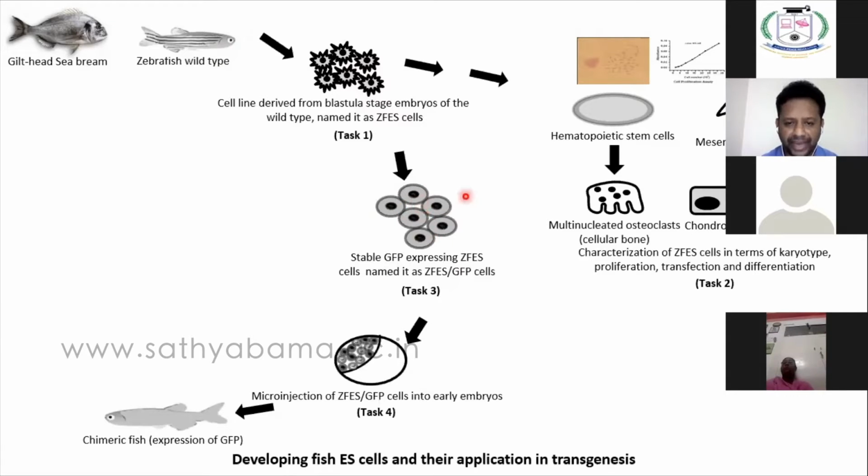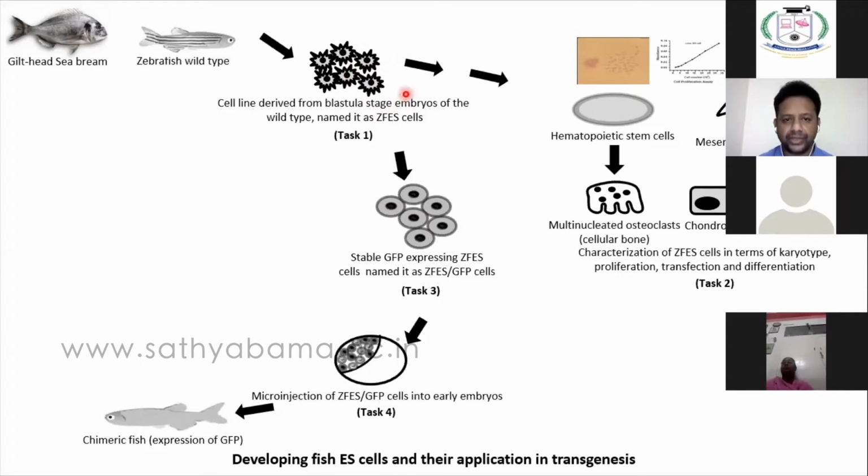Then, with these red fluorescent protein expressing cells, we will inject them into the blastula again to see whether the cells have in vivo potential, that is, whether they take part in the organogenesis of this particular fish. So this is the study.